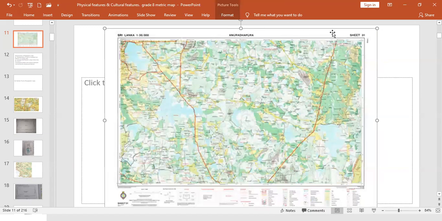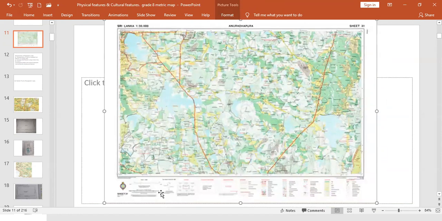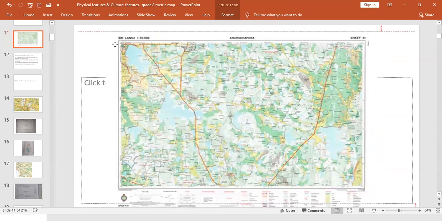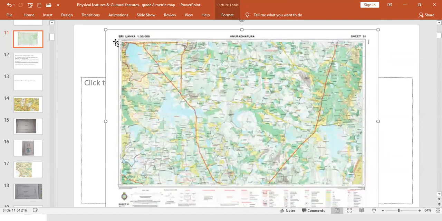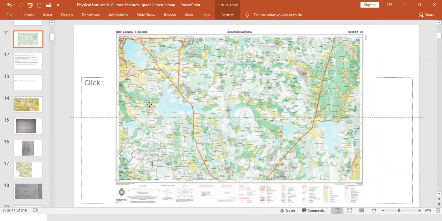In this line, you can see the outer borders. In grade 10, we discussed the peripheral information. What is the peripheral information mentioned on this map?